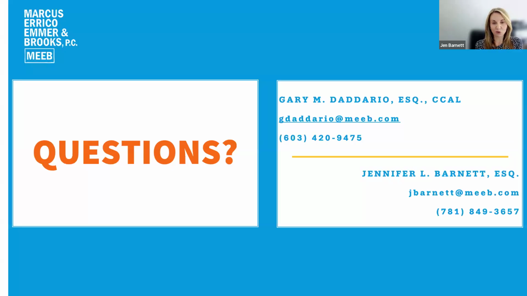As a rule, the association, the board members and the property manager owe a fiduciary duty to act in the best interests of the association. And the governing documents often have what's called an indemnification provision, meaning that the board members are not going to be personally liable or exposed to liability if they act within the scope of their duties and responsibilities in good faith.